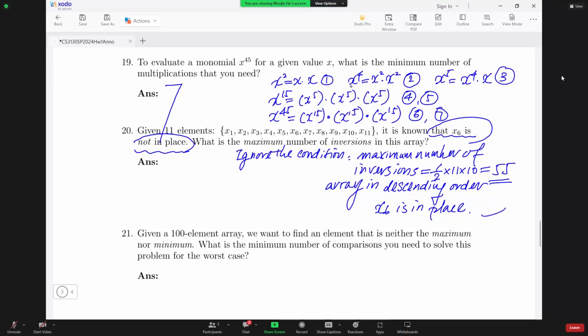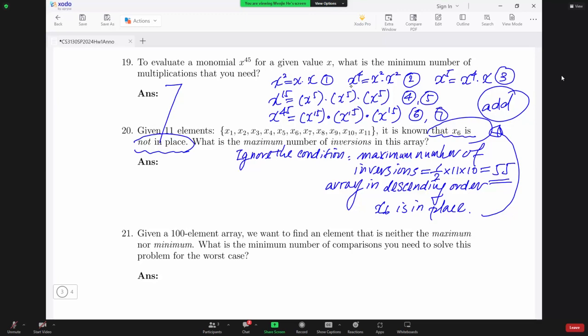Now we go back to add this condition back. After we solve the simpler version, we are ready to add the condition back to get the original question. After we add it back, we need to make x6 not in place. We need to move its position.